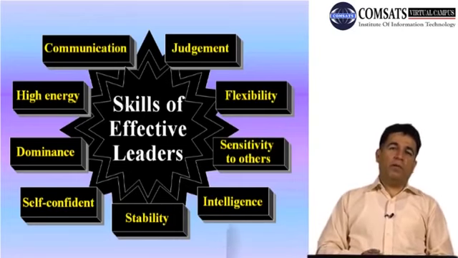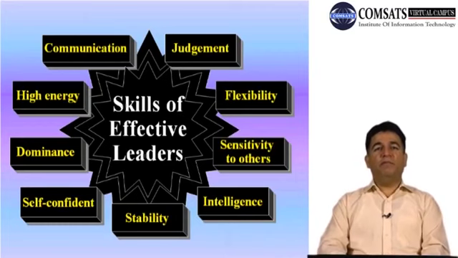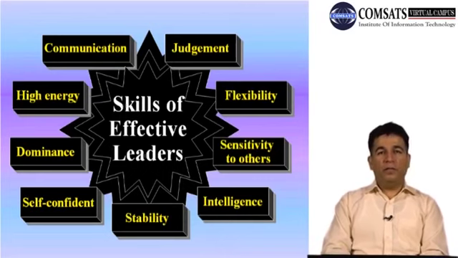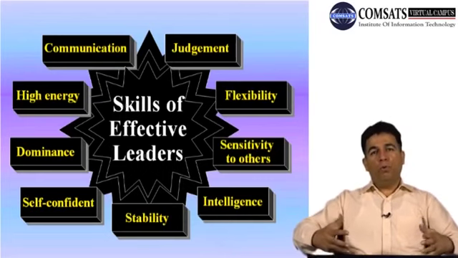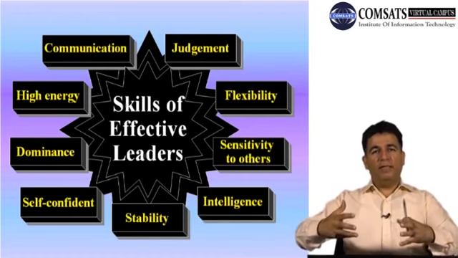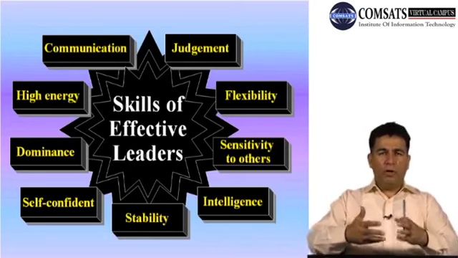And the next, last one here is high energy. Now, effective leaders are full of energy. People who lack energy, people who, like for example, are lazy, or people who used to do things slowly.